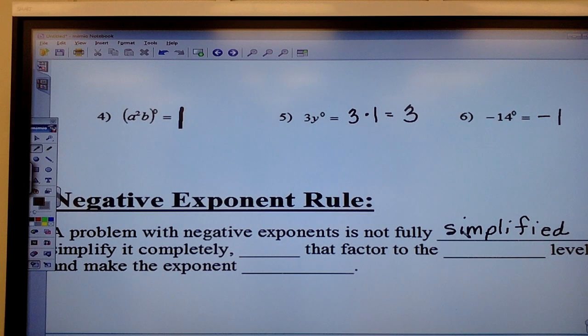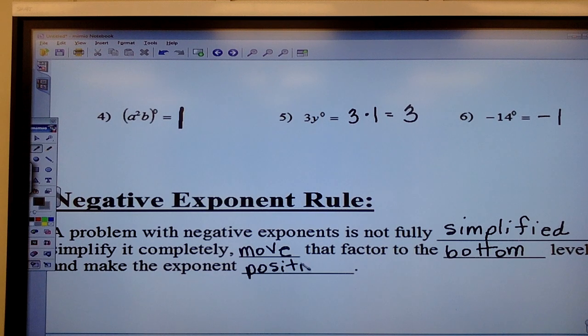In order to simplify it completely, move the factor to the bottom, and we're talking about only the factor that was raised to a power. If the factor was not raised to a power, then it doesn't move. So move that factor to the bottom level of the fraction and make the exponent positive.